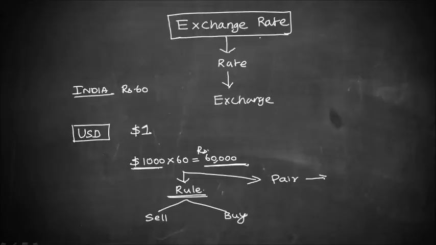In this case, it is rupees per dollar, that is, you are quoting the exchange rate as rupees per dollar. So if we come across rupees per dollar is 60, it means for $1 the equivalent is 60 rupees. Exchange rate need not be confined to rupees per dollar. It can be dollar per pound, euro per dollar, or any combination.